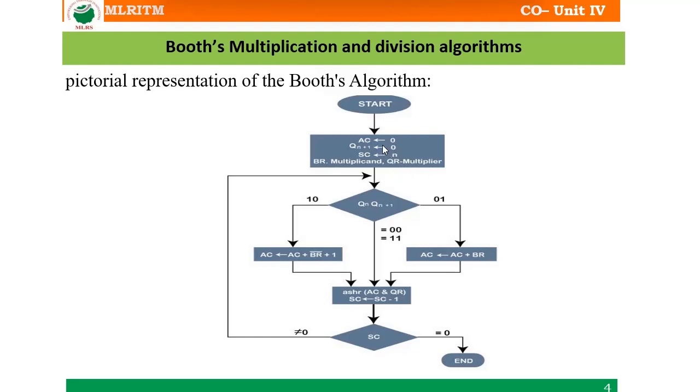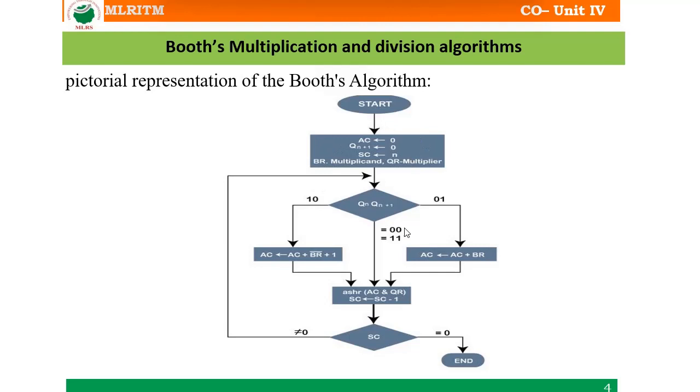Initially we take the accumulator, Qn plus 1, and the sequence counter, and we assign two more values: the multiplicand is stored in the B register, BR, and the multiplier is stored in the Q register, QR. This is the initialization step.